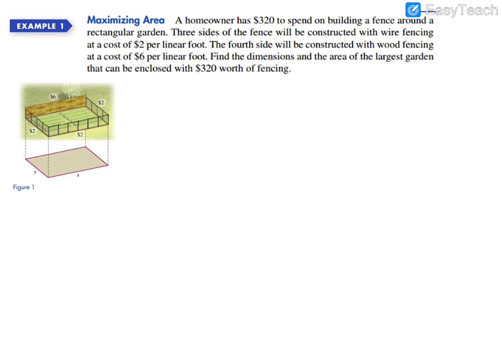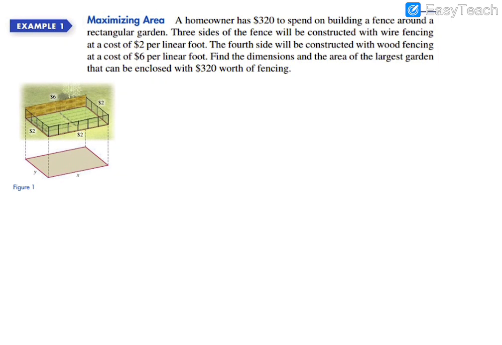Since we don't know the dimensions of the garden in this question, the lengths of fencing are represented by the variables x and y. The costs of the fencing material are fixed and are represented by constants. Now, we look for relationships among the variables.